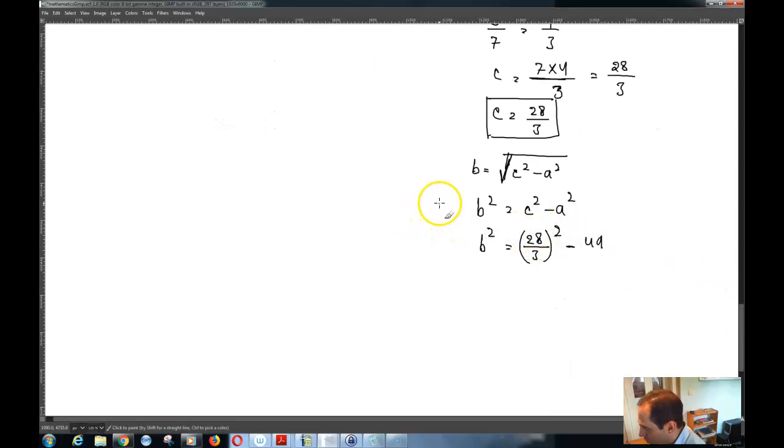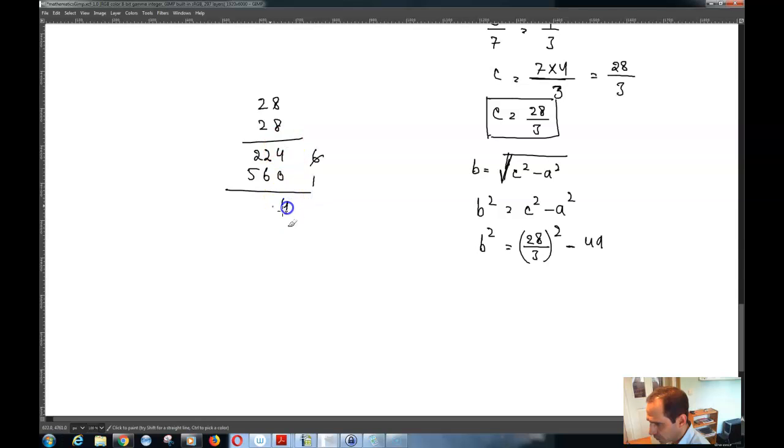Now 28 squared is 28 times 28, which is 784. So b squared is equal to 784 divided by 9 minus 49.